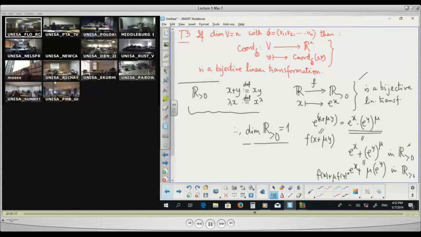So this multiplication therefore means it is the addition in this vector space. Don't confuse this addition with this addition. Okay. You get me now?